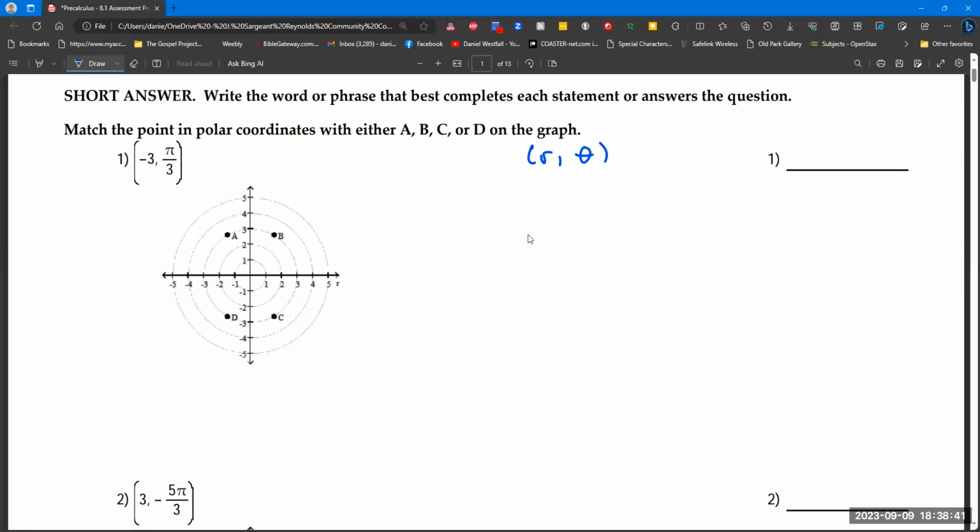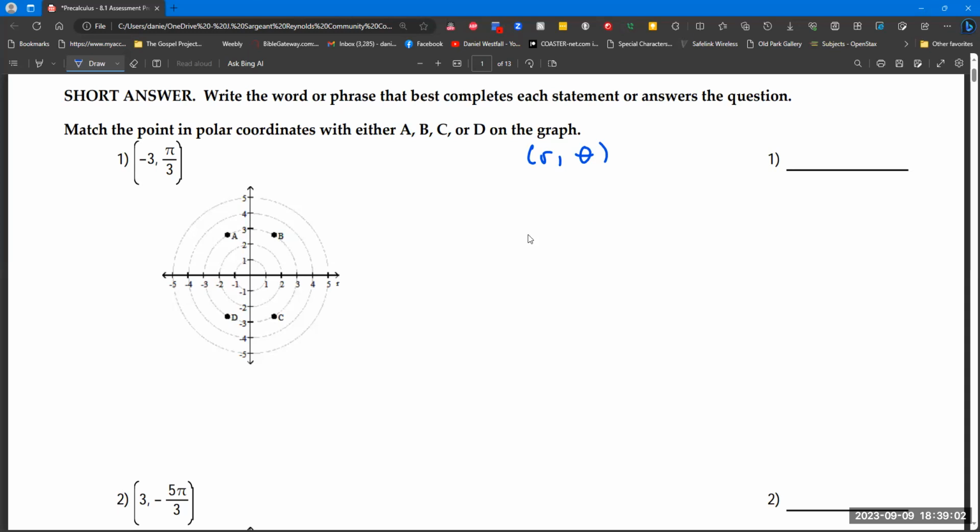Theta tells you the direction of travel, where 0 degrees is on the positive x-axis, pi over 2 is on the positive y-axis, and so on, like you're used to from your unit circle.